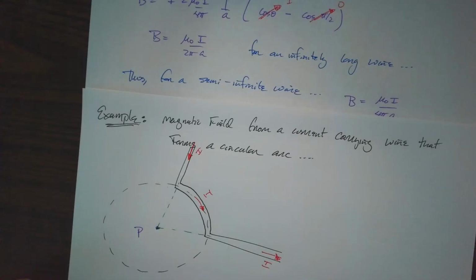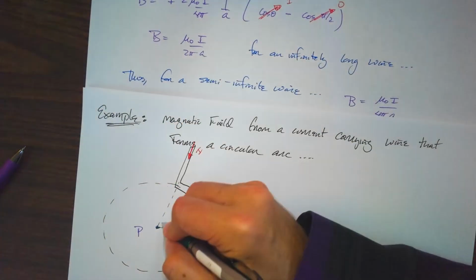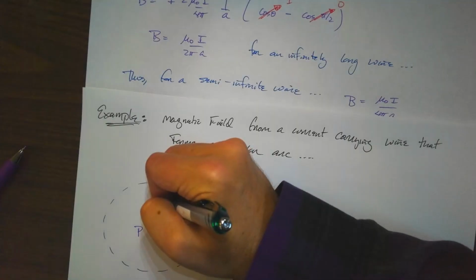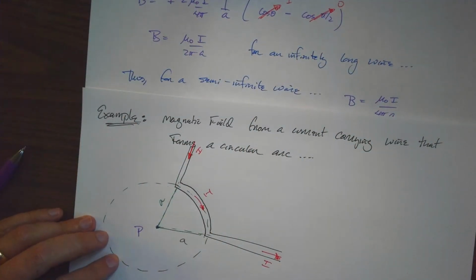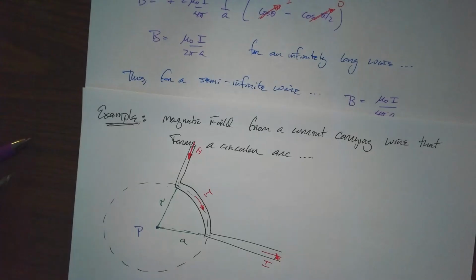And so then what we're going to see is that for a circular arc, they say that this is of radius A, like so.